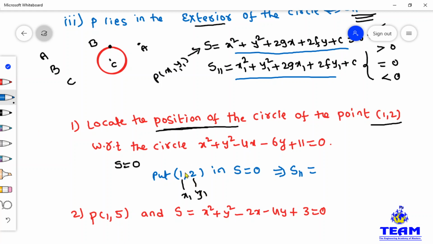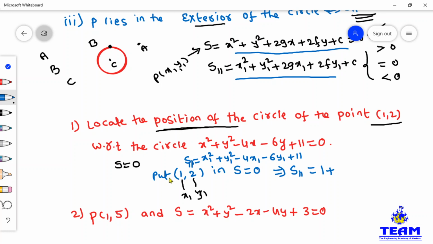Actually S11 is x1 square plus y1 square, so I will write S11 also for you: x1 square plus y1 square minus 4x1 minus 6y1 plus 11. This is S11, friends.